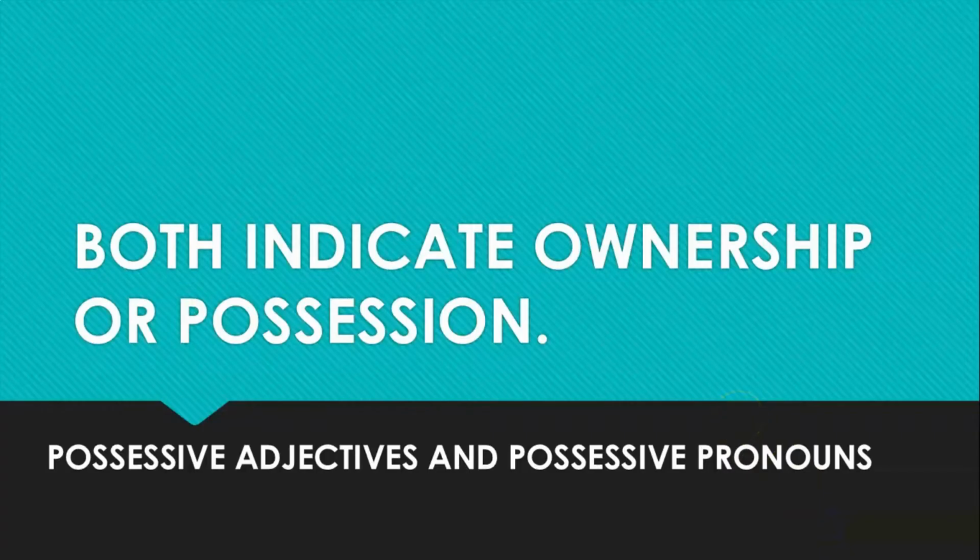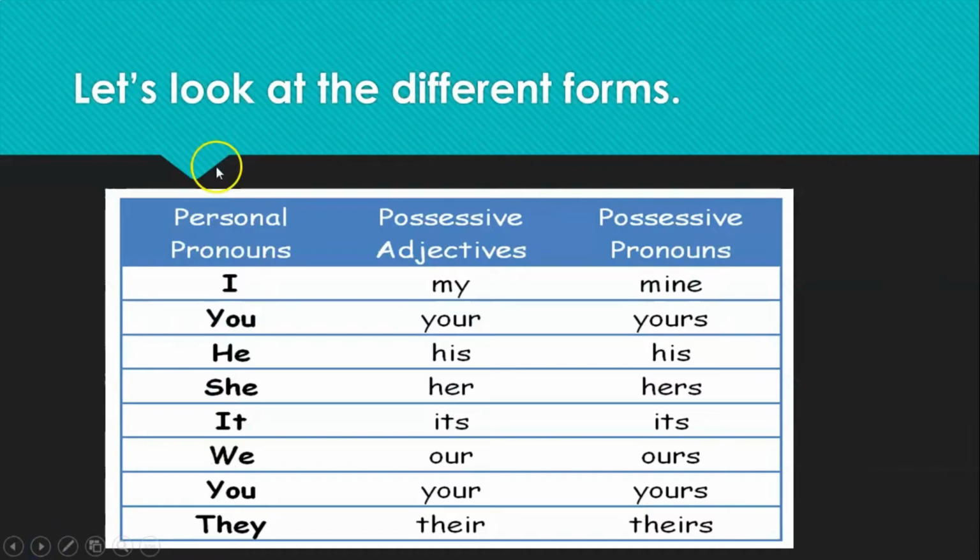Possessive adjectives and possessive pronouns indicate ownership or possession. Now let's look at the different forms that they have. I have this chart here, and I am showing you the personal pronouns too, so you can have an idea of the forms that we need to use.